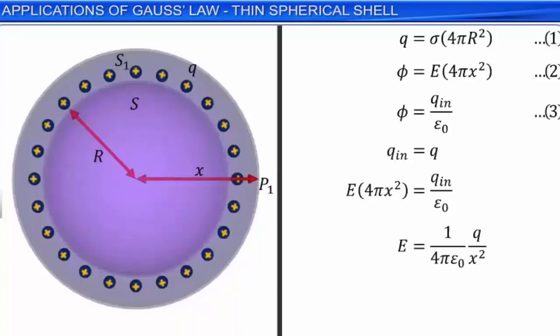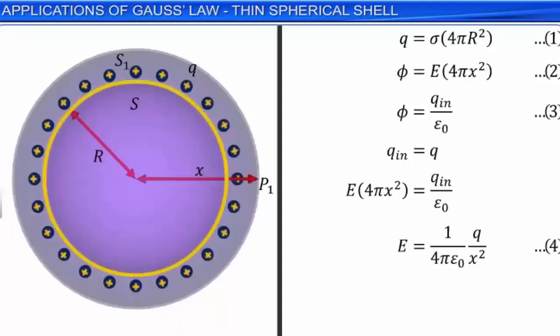Let this be equation 4. Equation 4 gives the electric field strength due to the uniformly charged thin spherical shell at the point P1, which is at a distance x from the spherical shell.